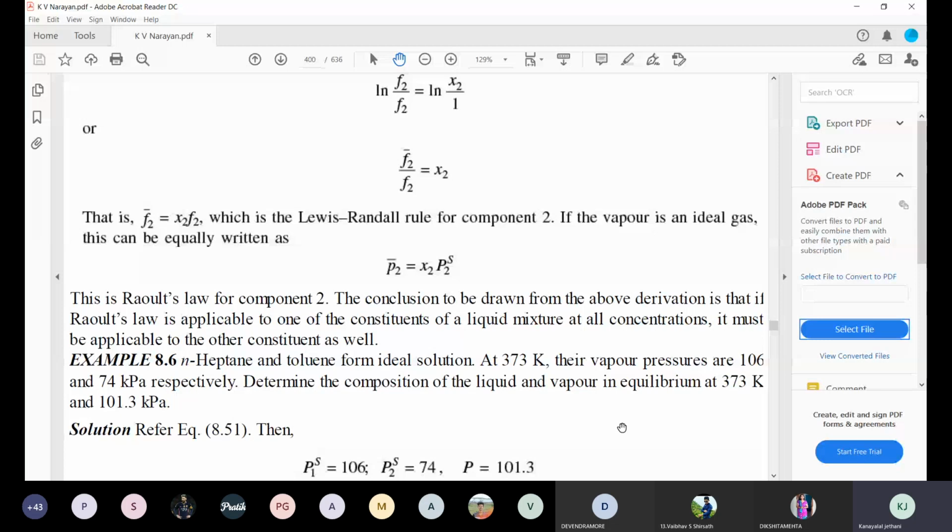We can find out x1. हाँ, इक्वेशन दिया है, P is equal to P2S plus (P1S minus P2S) into x1, राइट? तो प्रेशर पता है, P2S पता है, P1S पता है, we can find out x1. x1 मिला तो then we can use Raoult's law to find out y1. Do it. It's just a 1 minute calculation.